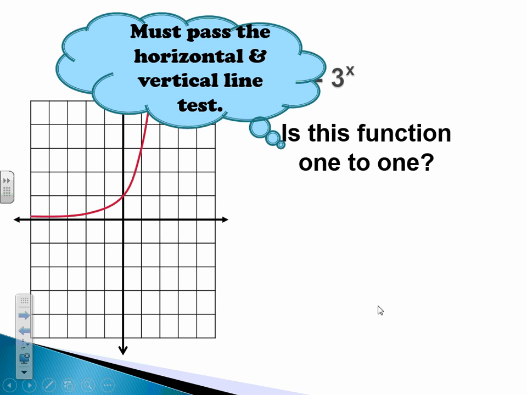If I run a pencil, or my arm, along this graph, does it pass the vertical line test? Yes, that one's easy to see. Now, if I turn my arm down and do the horizontal line test, does it pass the horizontal line test? Even at this point right here? It looks to me like it's pointing at more than one point. Why is it passing the horizontal line test?